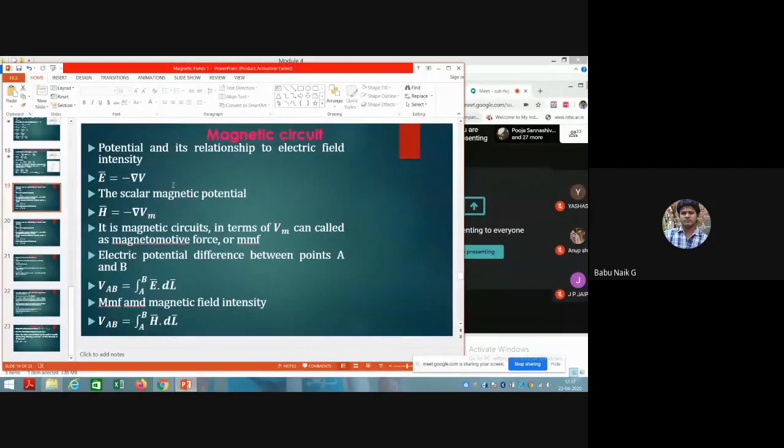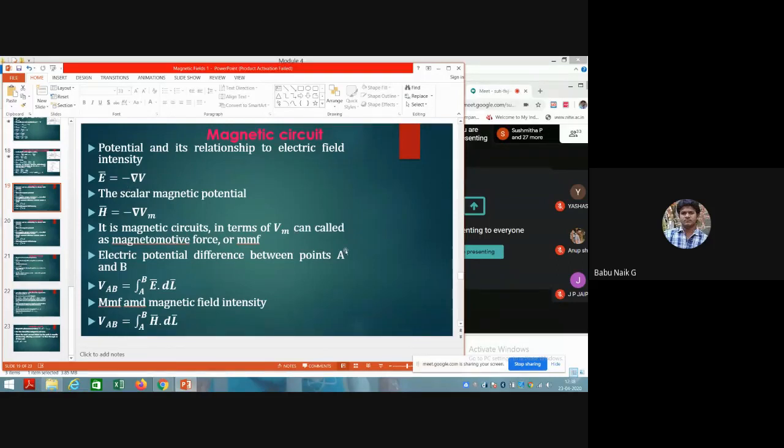Now let us come to another topic, the magnetic circuit. Similar to an electrical circuit, when you apply a source to an RL or R circuit, there is an applied potential, and the relationship with electric field intensity is E bar is equal to minus del V. This is in the electrostatic field.